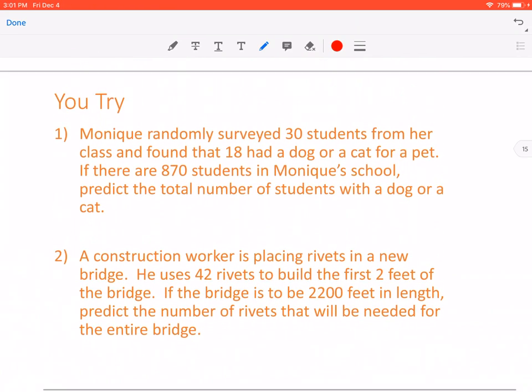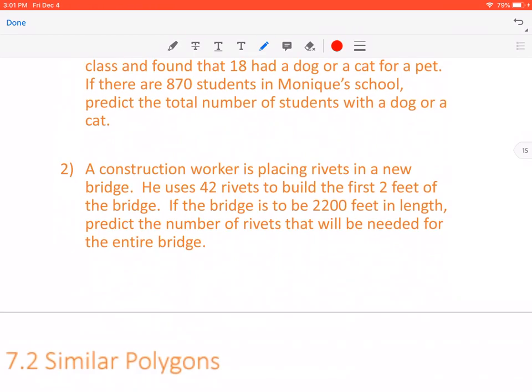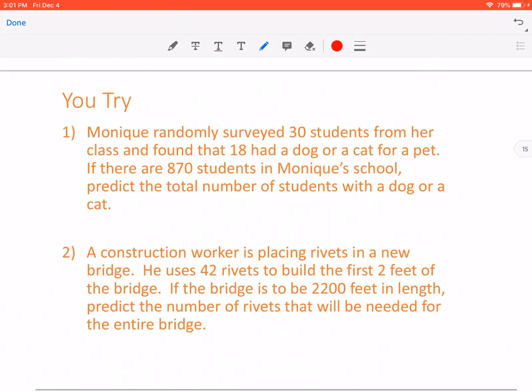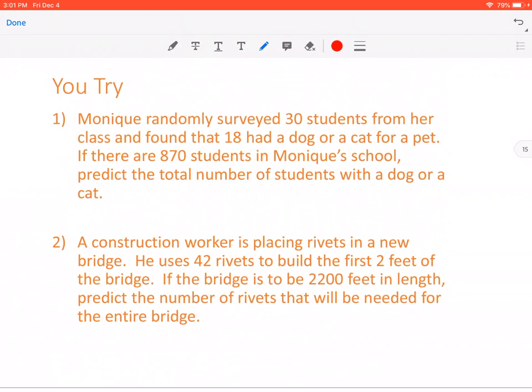And last two, and then the next unit, similar polygons, that's what we'll do the next class. So Monique randomly surveyed 30 students from her class and found that 18 had a dog or cat. So there's your first ratio. So that must be total students, and then 18 had dog or cat. There are 870 students in her school.